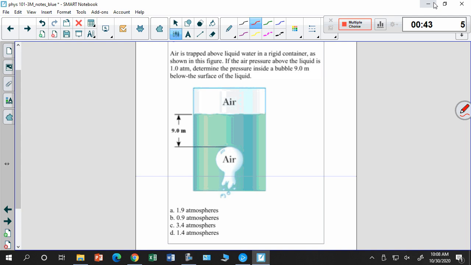Are we going to assume the absolute value of the distance, or are we going to do like negative 9? Oh no, you'll never use a negative. It's always just going to be the height.